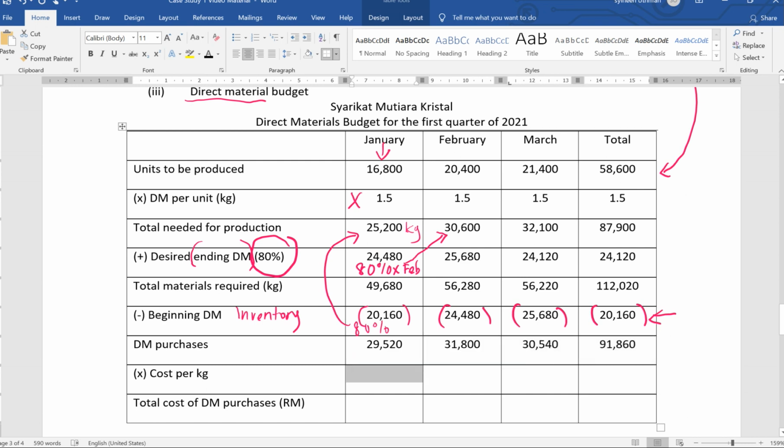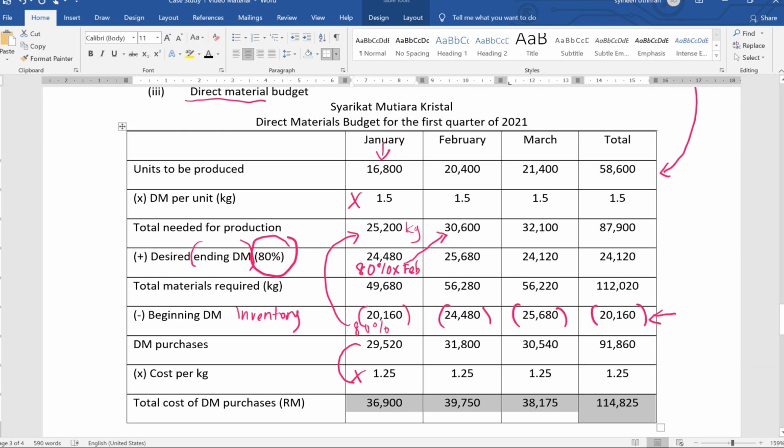Okay, so 1 kg, the cost price is RM1.25. Okay, so this RM1.25 sampai hujung. So once you get the price for 1 kg, you gonna multiply lah. DM purchase ni kita akan darab dengan RM1.25 and you will get your direct material purchased.